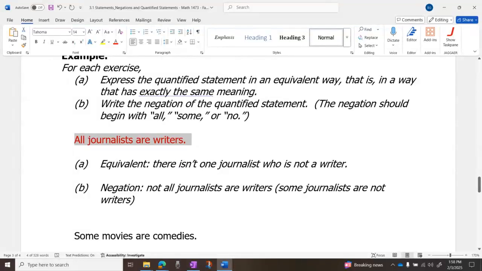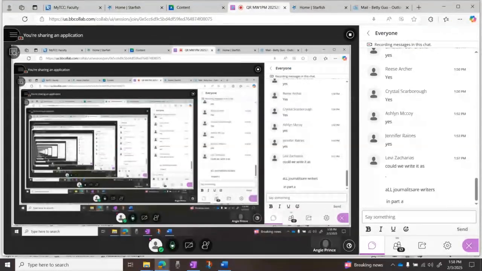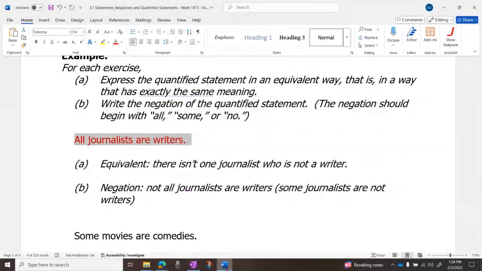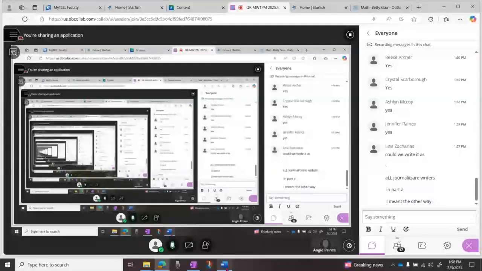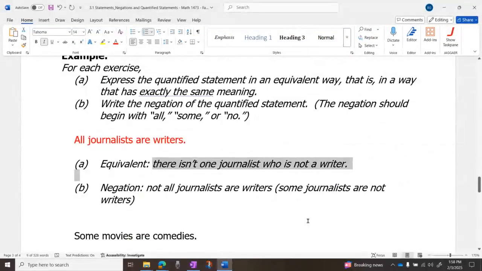The wording cannot be exactly the same. Did I answer your question? All journalists are writers is the original given statement. I mean the other way. The other way is there isn't one journalist who is not a writer. Those two ways have the same meaning.